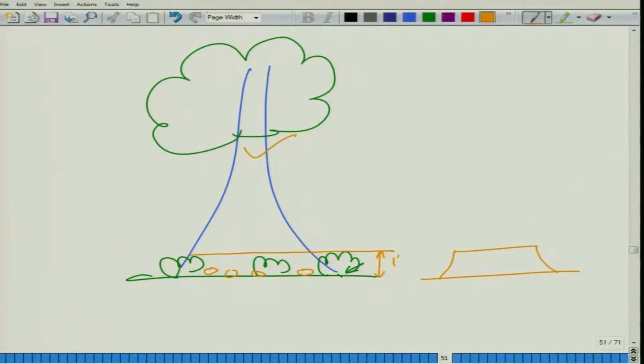Now, there are a number of trees that are known as coppicing species. So, what do we mean by coppicing species? After this tree is cut, it might undergo vegetative growth.